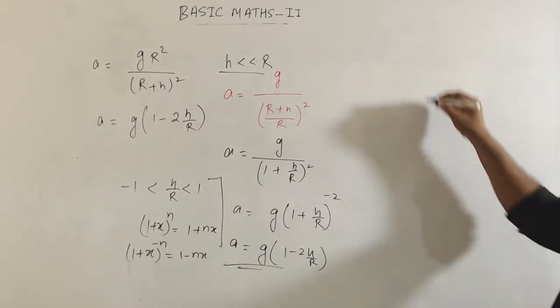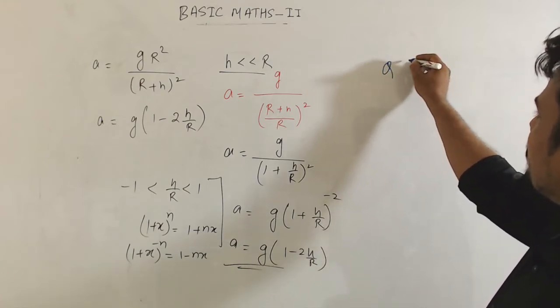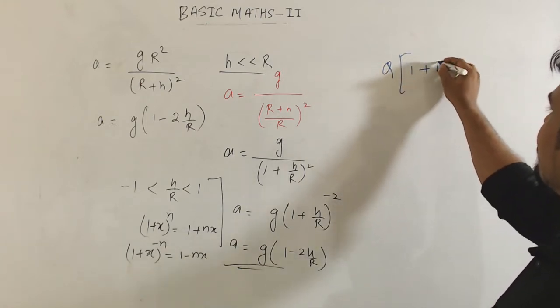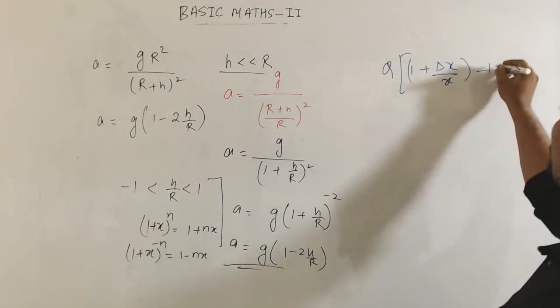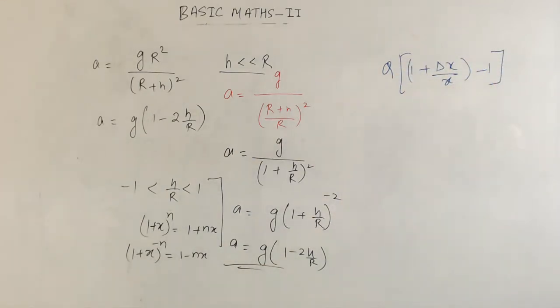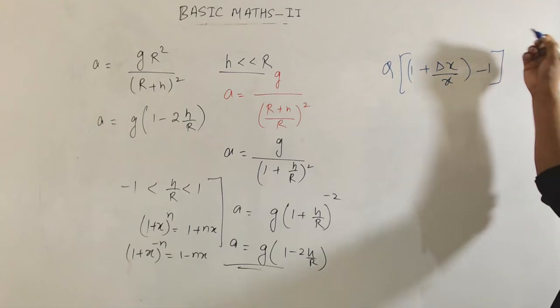Let's say the temperature is given as maybe q times 1 plus delta x by x minus 1. Let's say this is the temperature, and I want you to simplify it, knowing that delta x is going to be very, very small. Maybe I can raise the power, let's say to 3 over here.